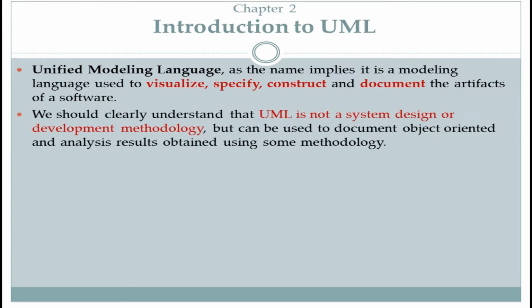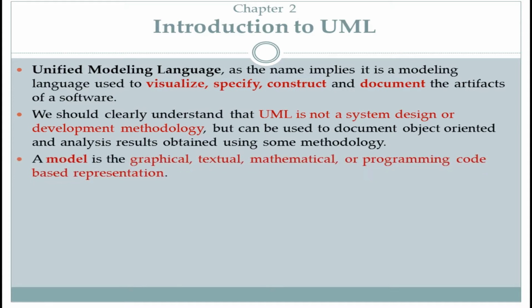We should clearly understand that UML is not a system design or development methodology, but it can be used to document object-oriented analysis and design results obtained using some technology. UML helps to build a model.